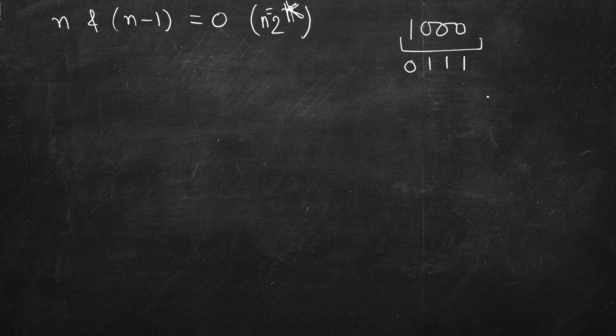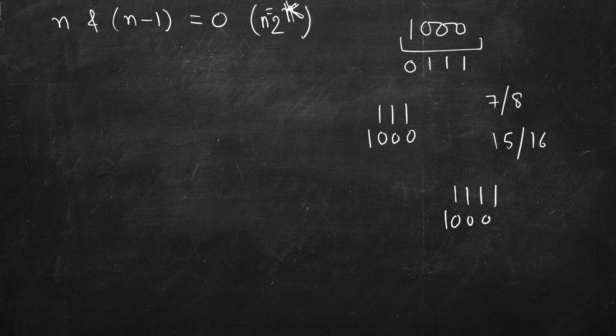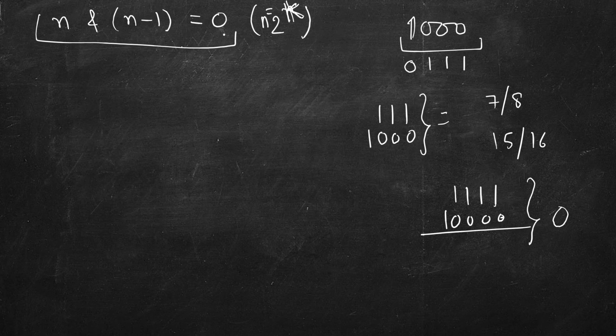For example, you can take 7 and 8. You can take 15 and 16. So 7 is this one, 8 is this one. Similarly, 15 is this, 16 is this. So if you subtract 1 from this and take the AND, this will become 0. So that is a power of 2 check.